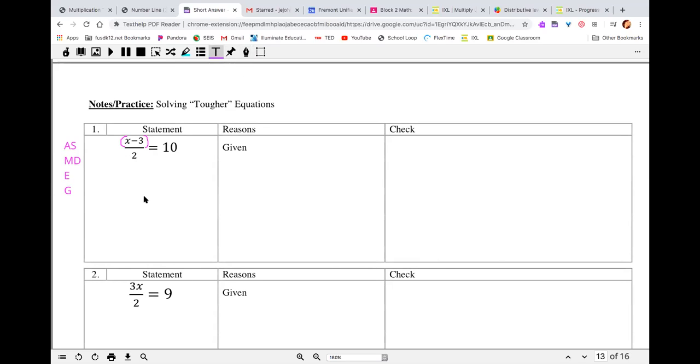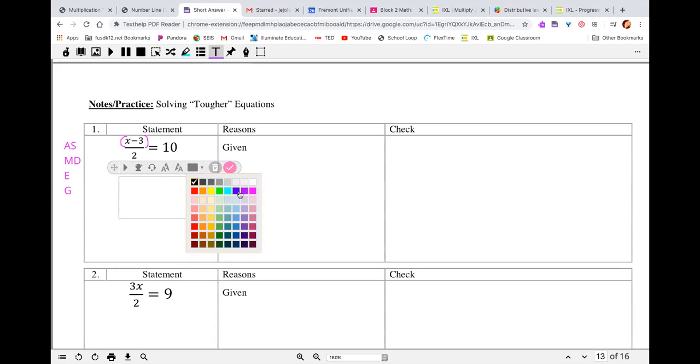Okay. So it said divided by 2. So I want to times both sides by 2.